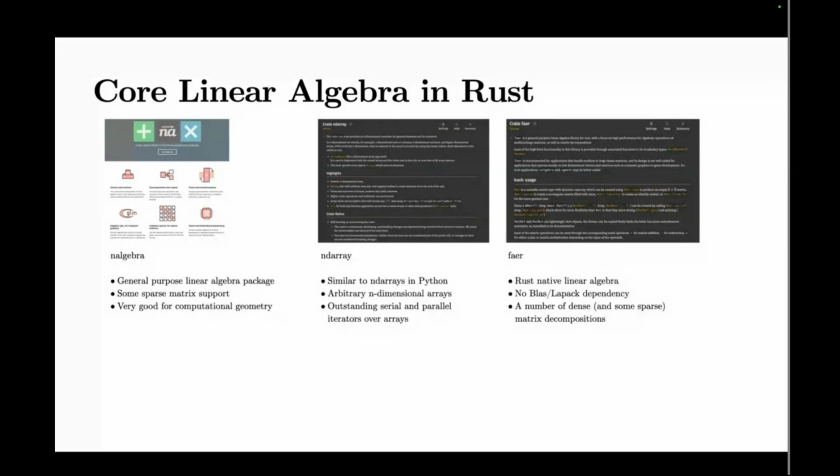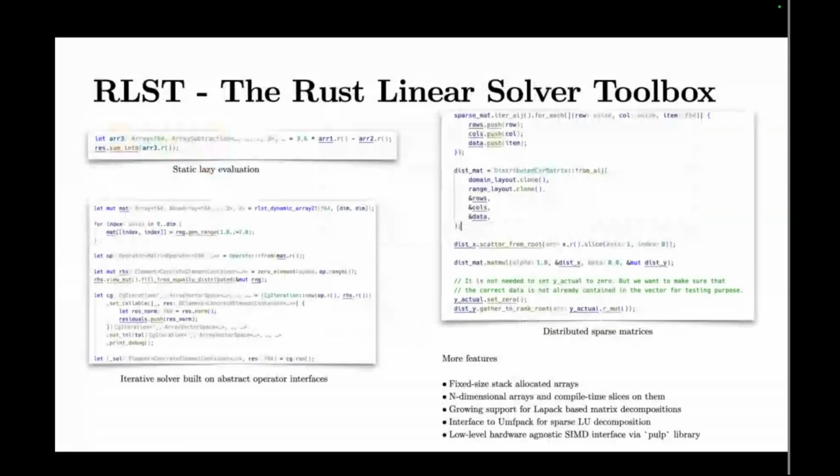It provides Rust native linear algebra, matrix decompositions and matrix multiplication with very high performance, very low-level optimized, with no BLAS or LAPACK dependency, and implements more and more dense and also some sparse matrix decompositions, in order to create an environment for linear algebra where you don't have to explicitly link BLAS and LAPACK anymore. Here in our code, we are still explicitly linking BLAS and LAPACK, but that's something we might offer an alternative for.